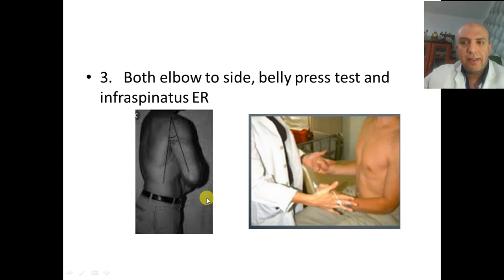So after forward elevation and two tests, after side elevation with two tests, we did an external rotation in abduction and an internal rotation test, which is the belly press test. Just be in harmony. The patient is now in front of you.